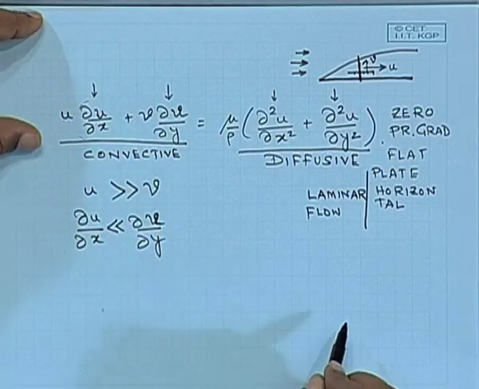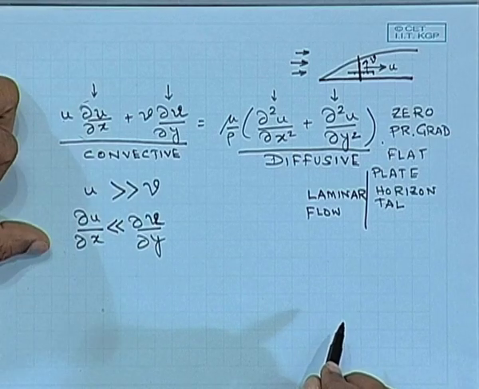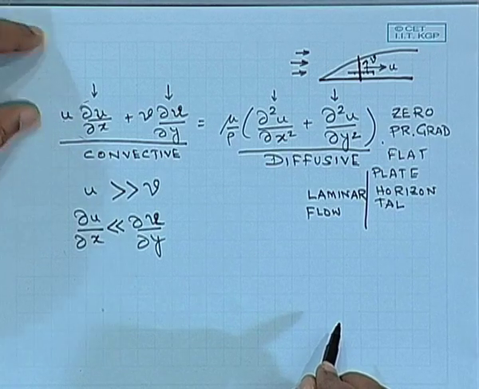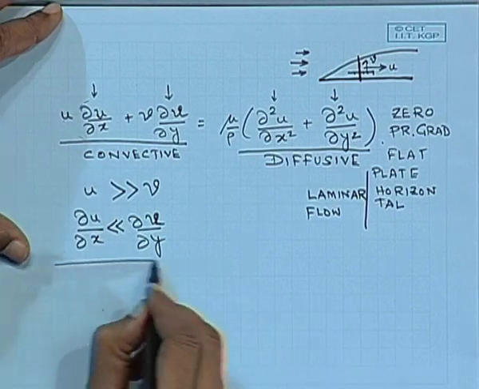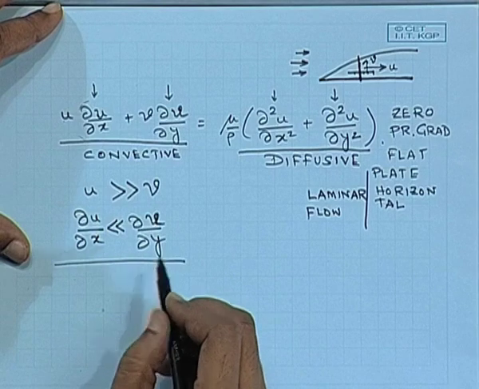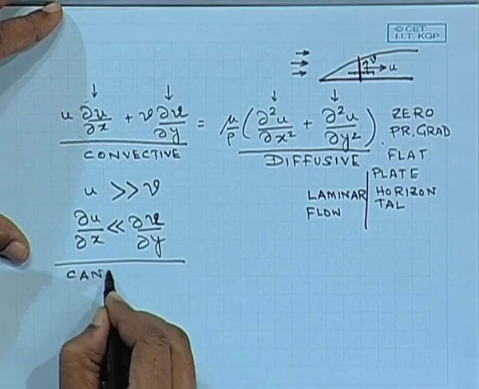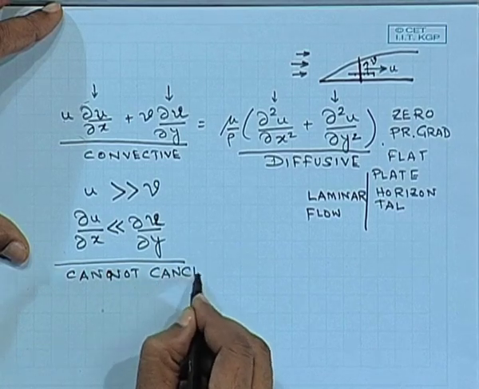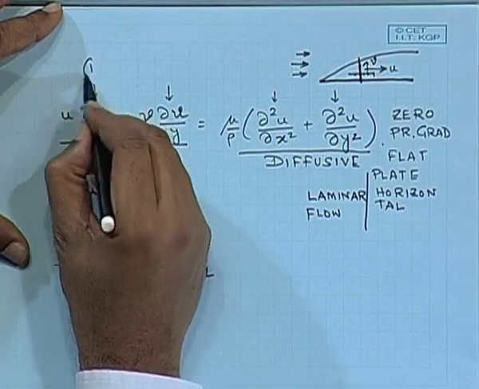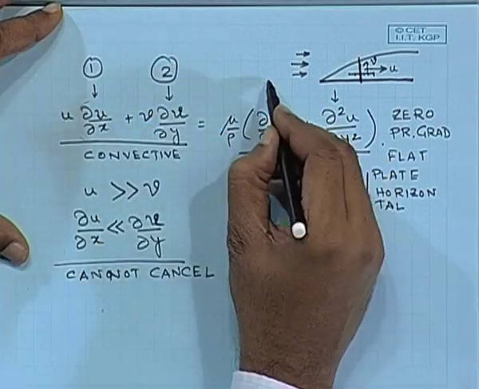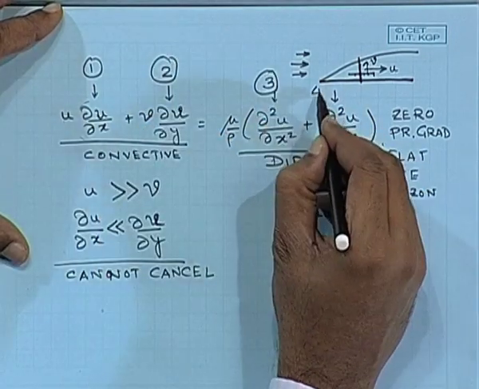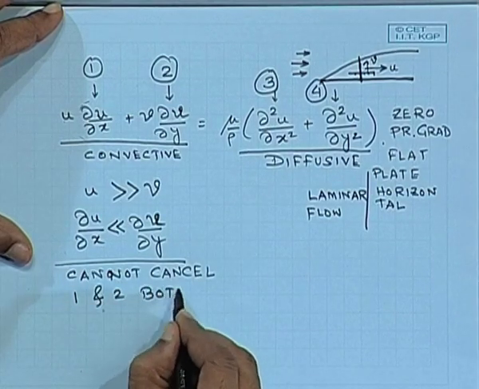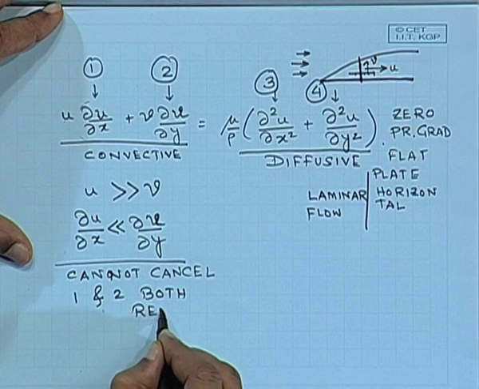So, I can say that del u del x is going to be much smaller compared to del u del y. When we think of the product of these, I cannot cancel any of the terms, term 1 or 2. Let us call it 3 and 4. So, 1 and 2 both remain in the governing equation.